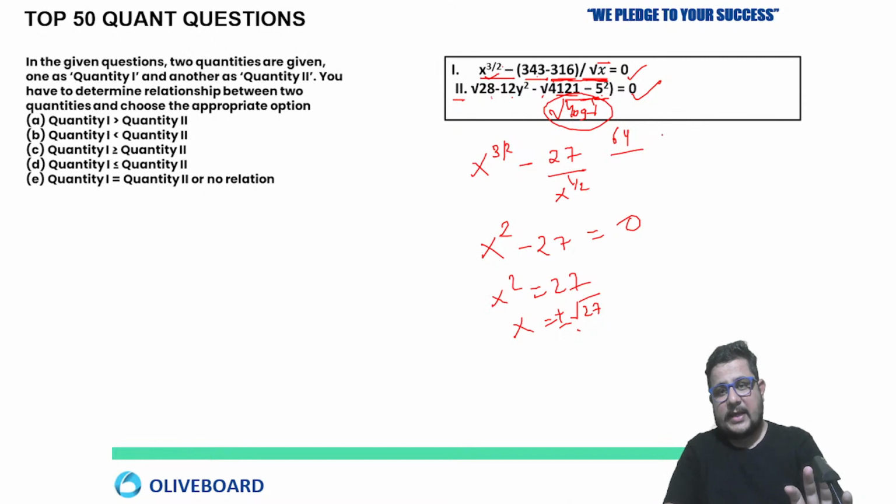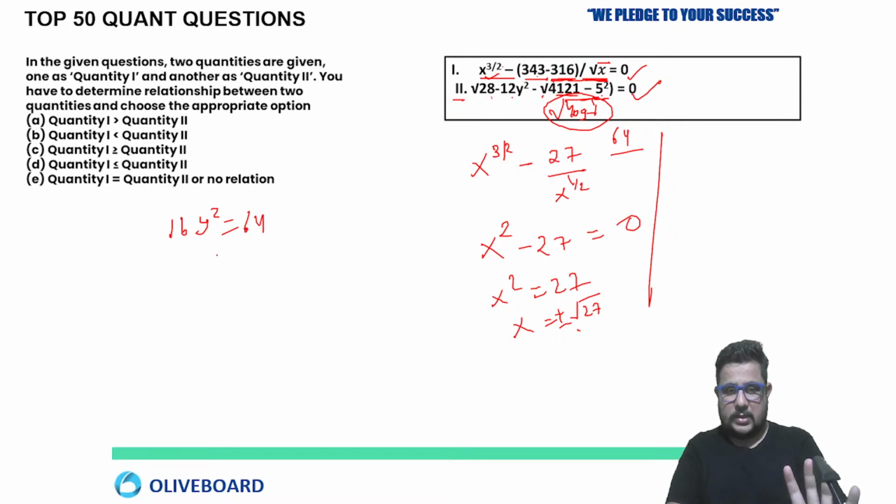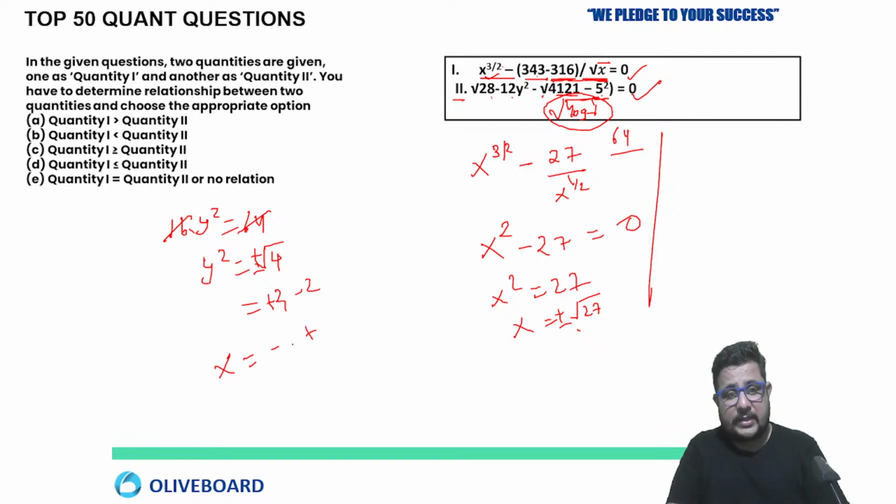So by solving the second part, you will get 16y square equal to 64. Clear? Now by 16, 64 can be cancelled. So y square equals 4, but here also you are going to get plus minus, plus 2 and minus 2. Here also x has one value negative, one value positive.